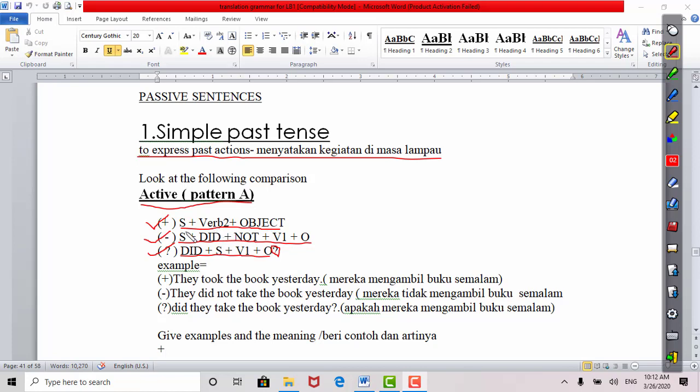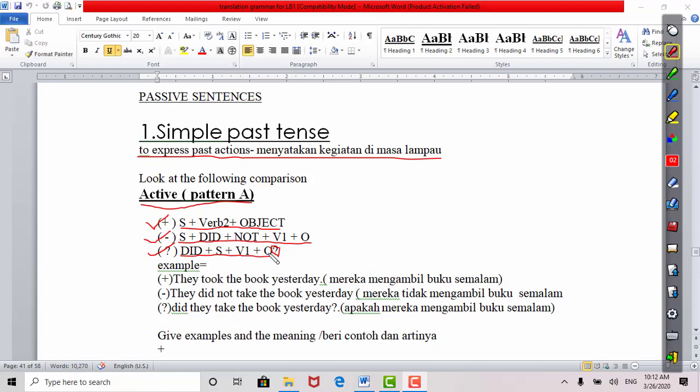I already told you about verb 1 and verb 2. You can see in your book. Next, negative: subject plus did plus not plus verb 1 plus object. Question: did plus subject plus verb 1 plus object.